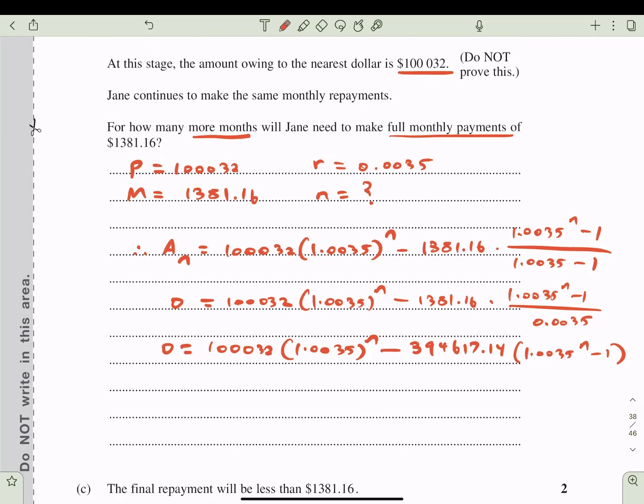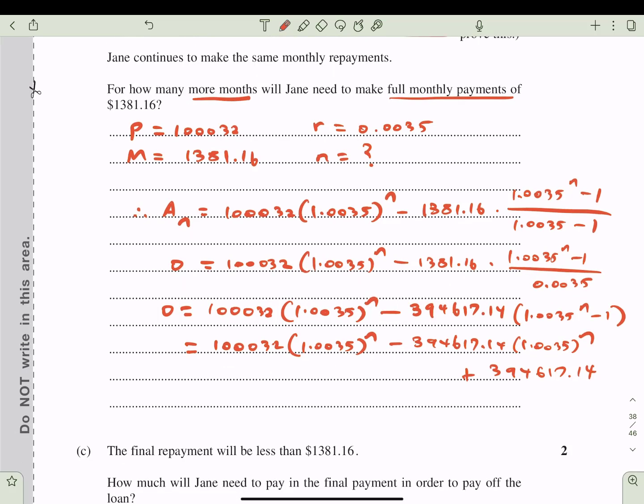Now expanding this bracket, that's going to be our last step. That's equal to 100,032 times 1.0035 to the power of n minus 394,617.14 times 1.0035 to the power of n plus 394,617.14. Okay, so it's a pretty tedious amount of working, but unfortunately there's no shortcuts here.